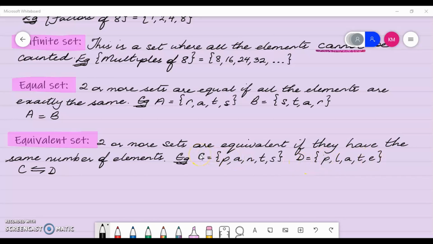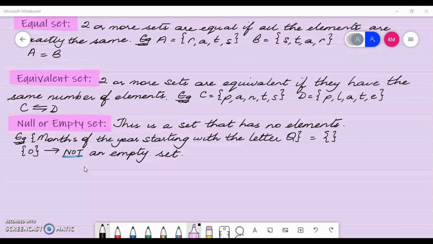So I can say that C and D are equivalent sets, and this symbol here is used to denote equivalent sets. So once 2 or more sets have the same number of elements, they are said to be equivalent sets.